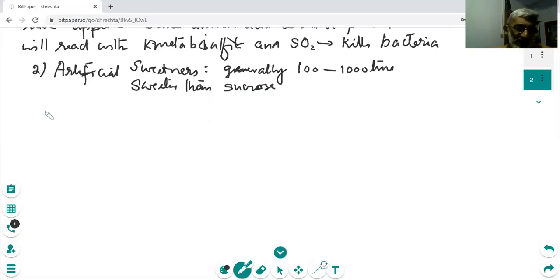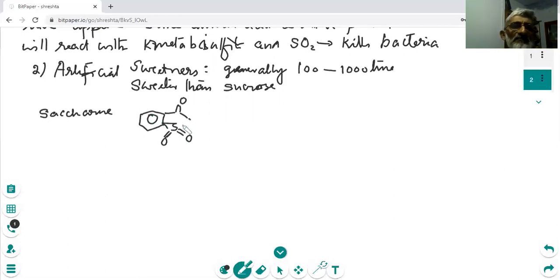For example, take saccharin, the most common artificial sweetener which is used. It has this structure. I'm not very sure about this structure. Let me see.